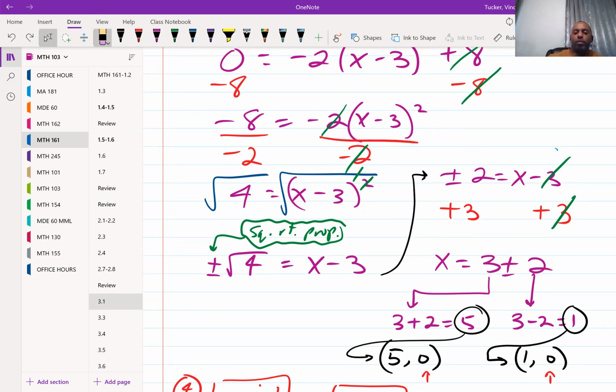We can add those together: 3 plus 2 is 5, and 3 minus 2 is 1. Any questions?